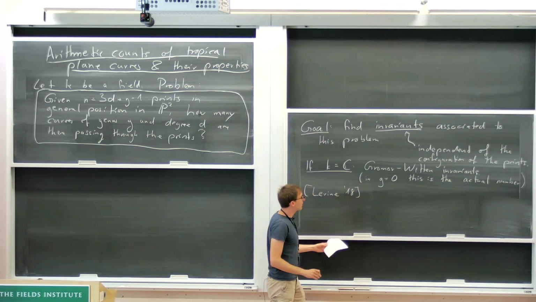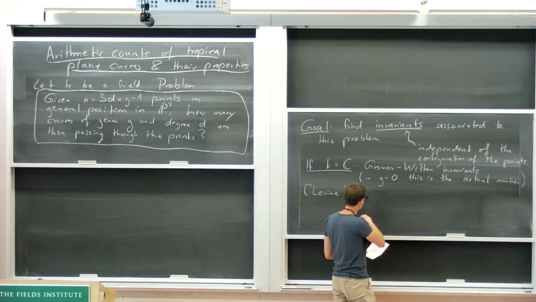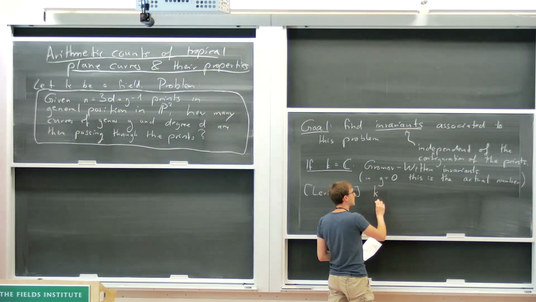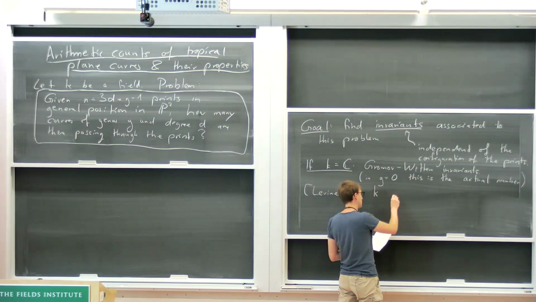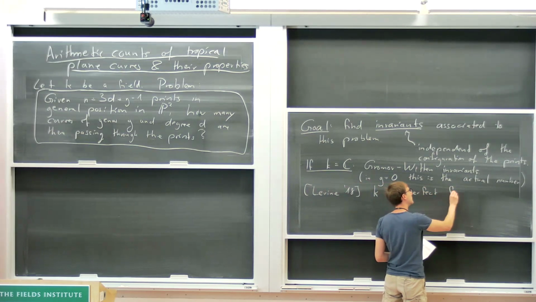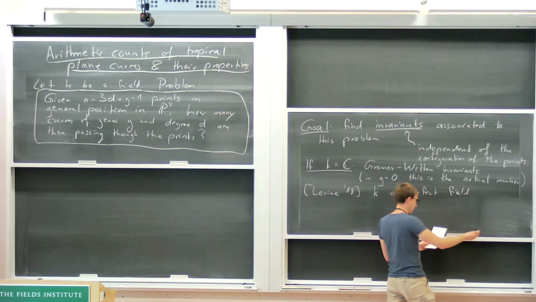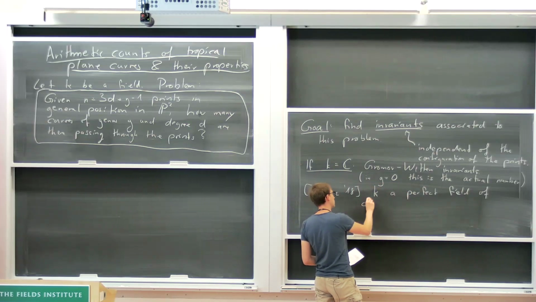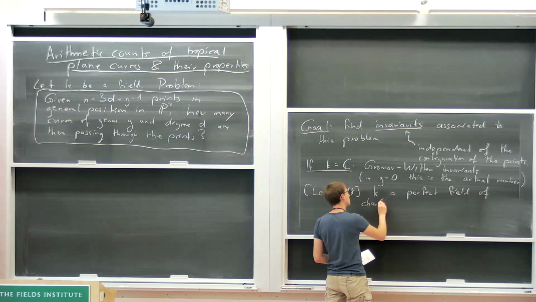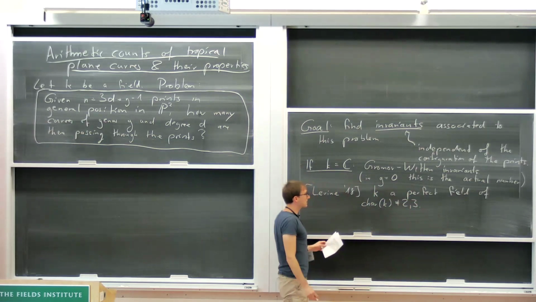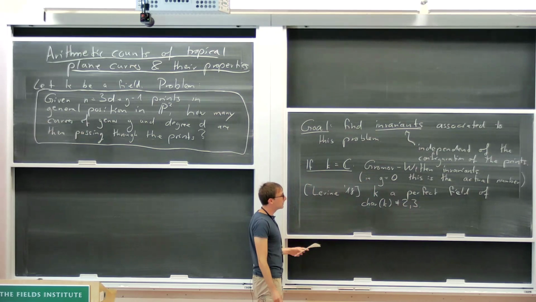He came up with a set of invariants associated to this kind of problem, where the only assumptions are that the base field K should be a perfect field of characteristic not 2 or 3, which is, I think, remarkably weak assumptions.